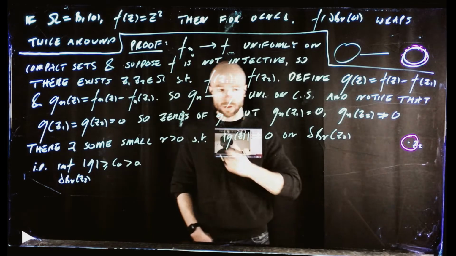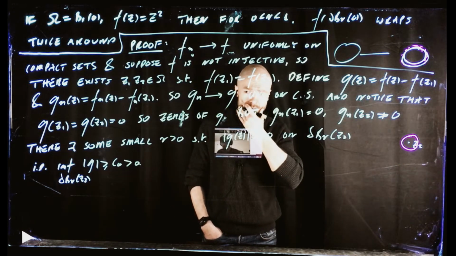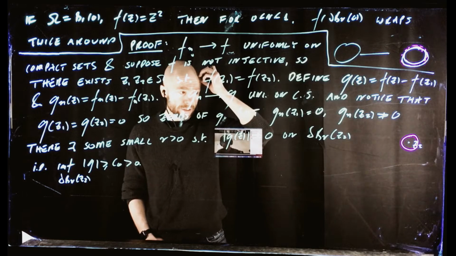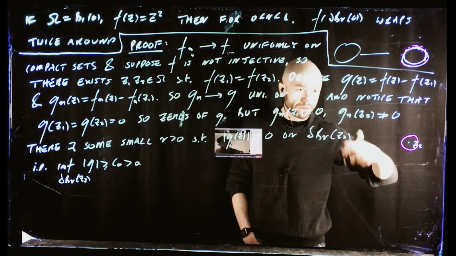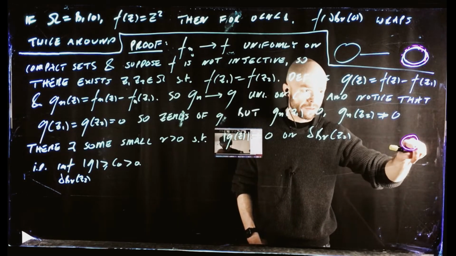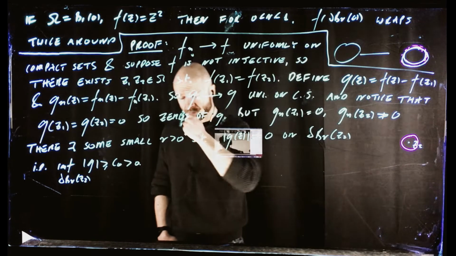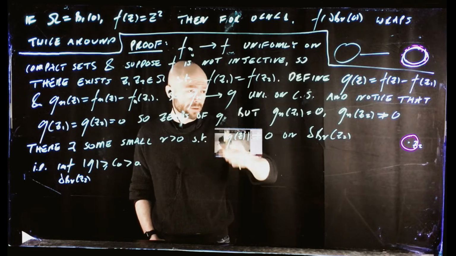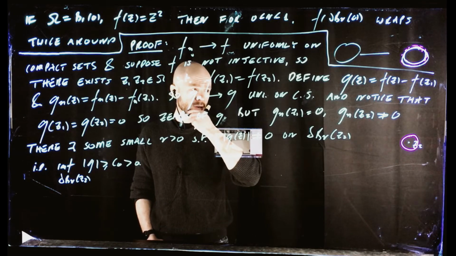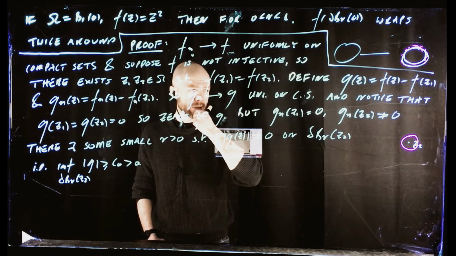All right. So what are we going to try and do? We're going to try and mimic this special case. Since g has a 0 at z2, it should be doing some kind of wrapping around.